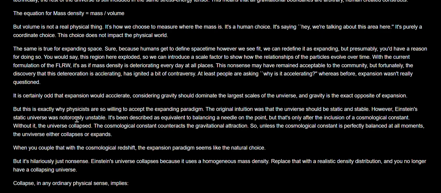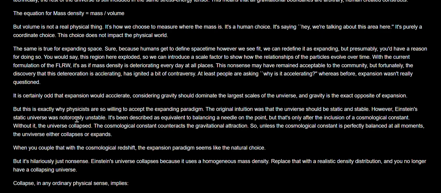If you formulate the solution, it does not tell you that it collapses to a single point. Because if it's homogeneous, it cannot collapse to a single point. You have to have an inhomogeneity to begin the collapse. Any inhomogeneity violates your notion of homogeneity. So you don't need a cosmological constant. The equations tell you what it does. It does nothing because it's homogeneous.